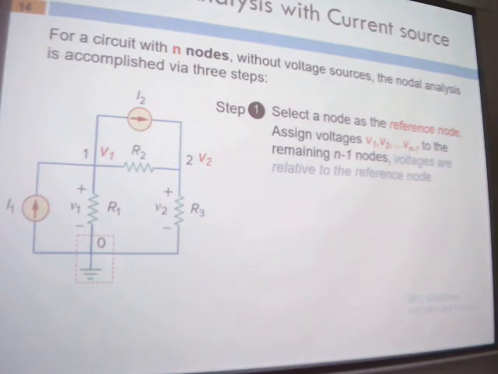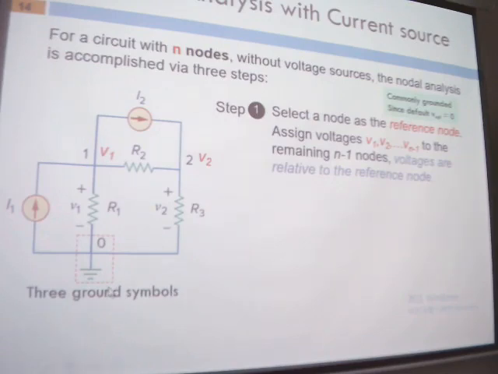And we assign voltages V1 to Vn minus 1, because we have n nodes, but 1 is selected as the reference node. So we just have n minus 1 node voltages, right?